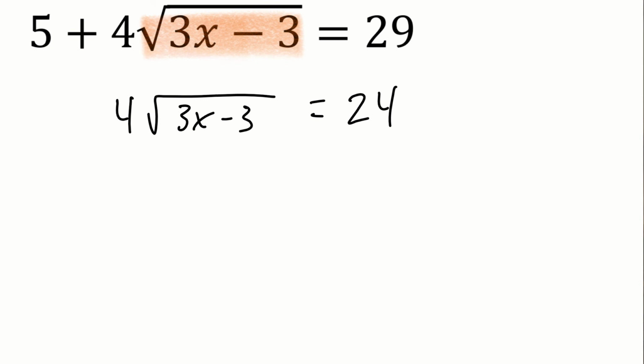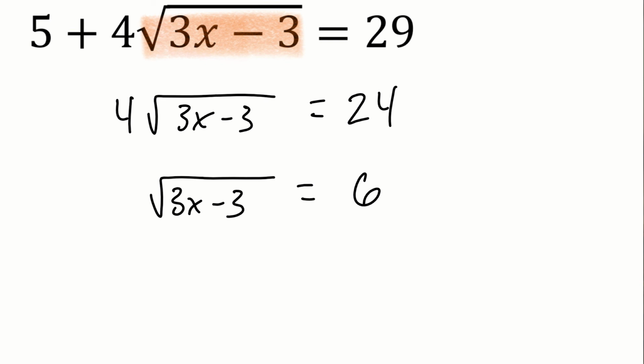And then the next thing that I might do, again, my goal is to get the square root portion alone, is divide both sides by 4. So this is going to become the square root of 3x minus 3 is equal to 24 divided by 4. See, half of 24 is 12, half of that is 6. This is the number 6.